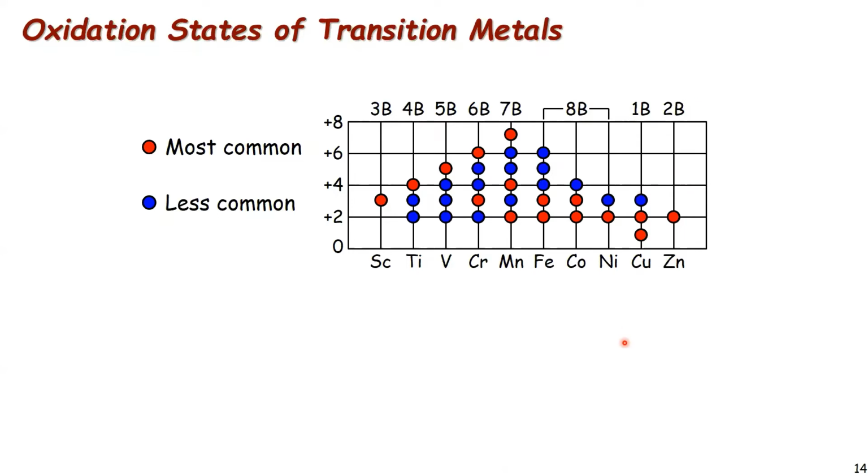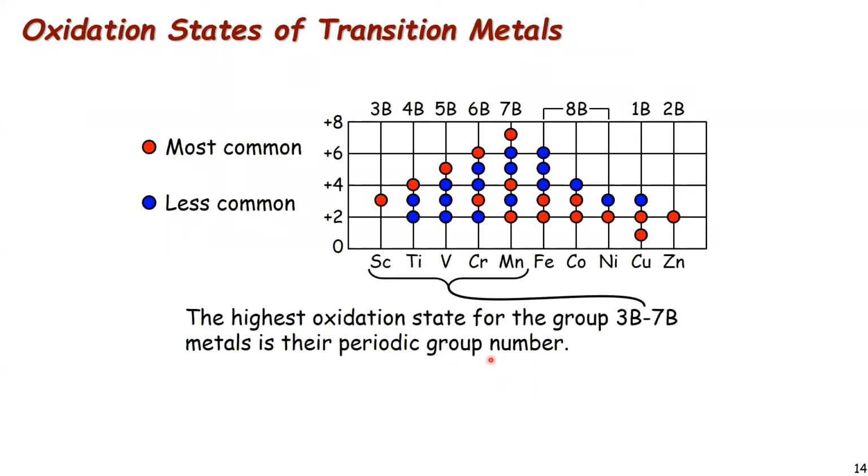Now you could also have other oxidation states as well, but they aren't stable. I mean, you could force these metals into other oxidation states, but they're immediately going to react when they touch something else to go to one of these more stable oxidation states that we see here. So again, the highest oxidation state is for the group 3 through 7.